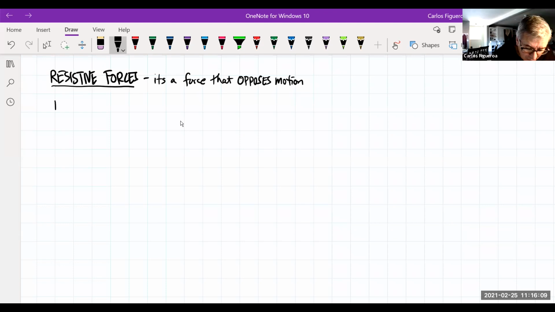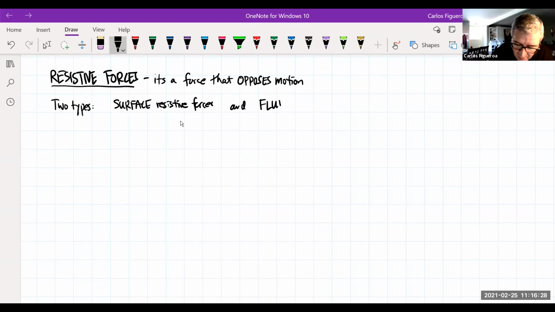And it turns out that there are two types. There's surface resistive forces, and there's fluid resistive forces.